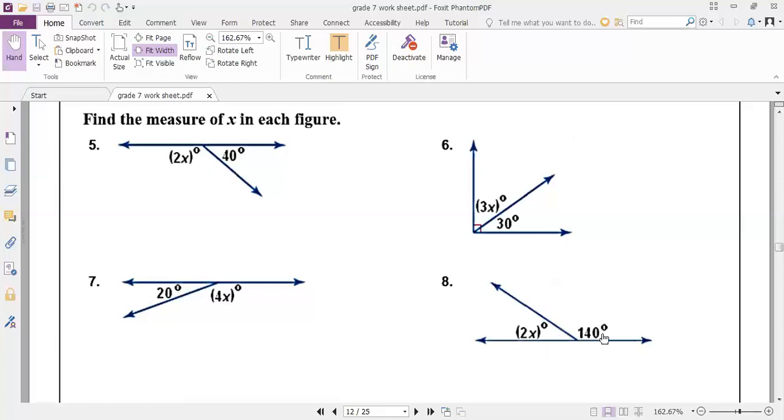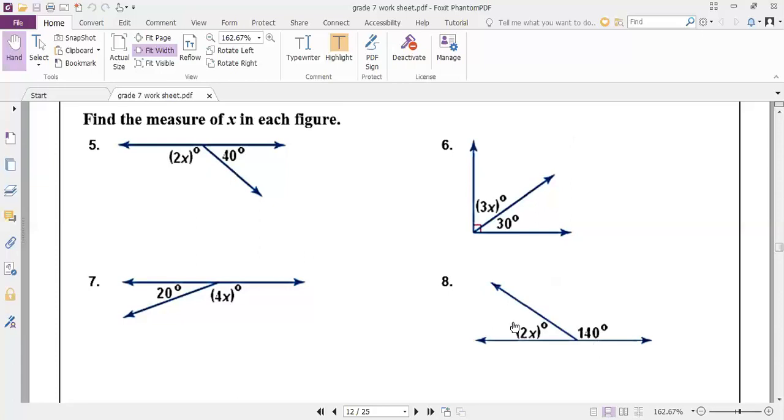Firstly, I will subtract this number, right, Saleh? 180 minus 140 is equal to 40. So 2x is equal to 40.